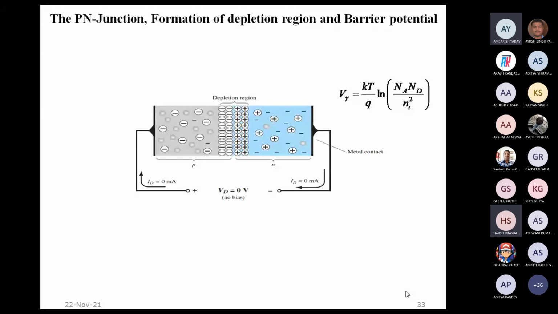Okay, so in the last few lectures, we have been trying to understand the semiconductor basics. In the last lecture, we tried to put P and N type of materials together.